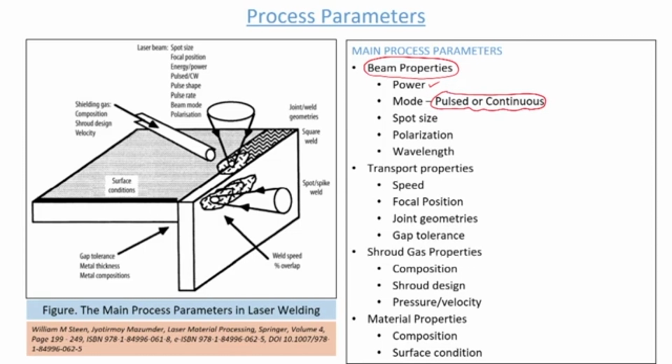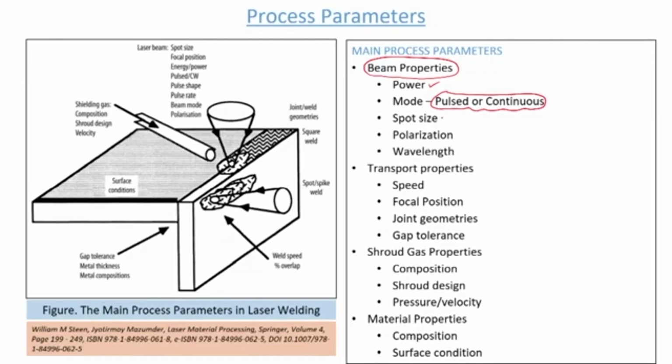The spot size or the spot diameter is also affecting. If the spot size is less, with constant laser power, the power density would increase. So, the diameter, size or area of the spot is also affecting the laser welding process.